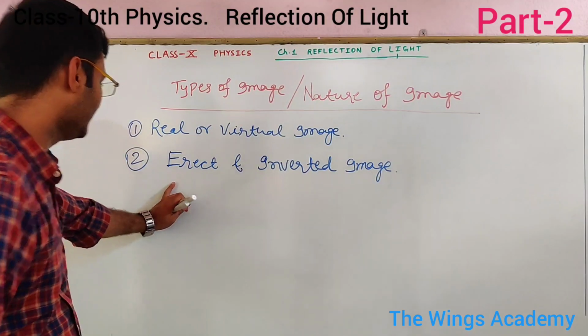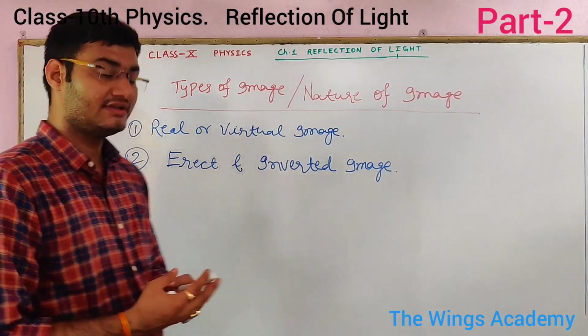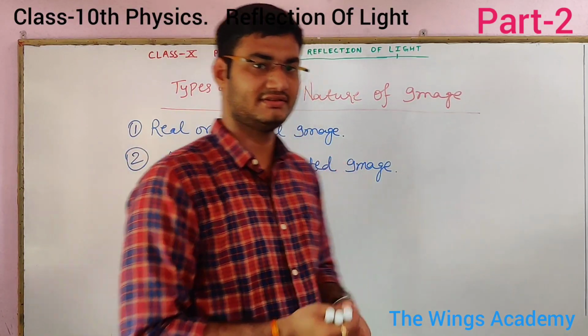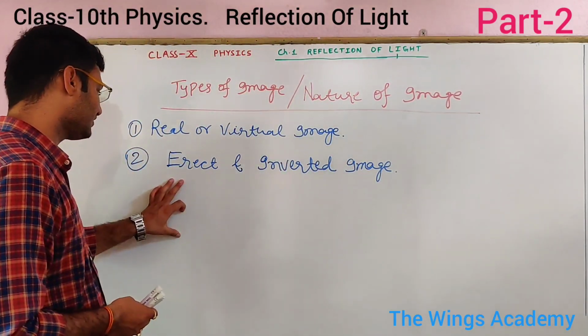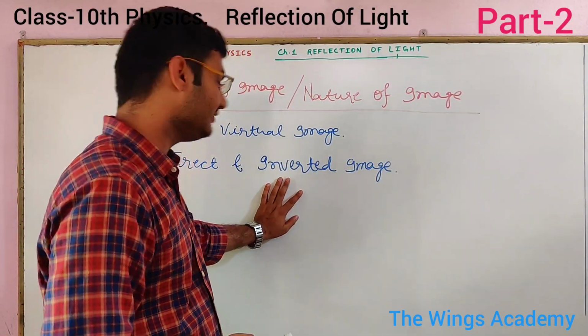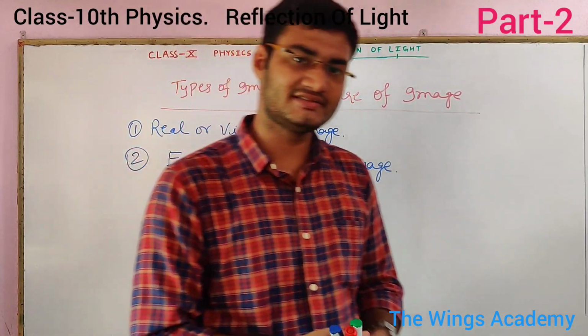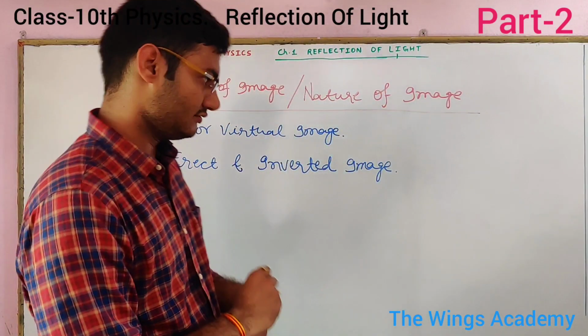If the image is found on the same side of the principal axis, then the image is called erect image, and if the image is on the opposite side of the principal axis, then this is called inverted image.